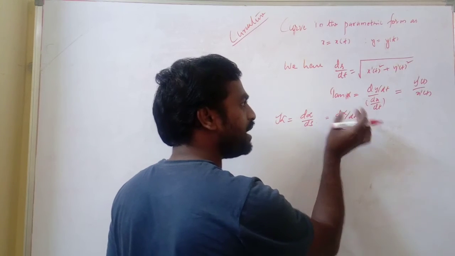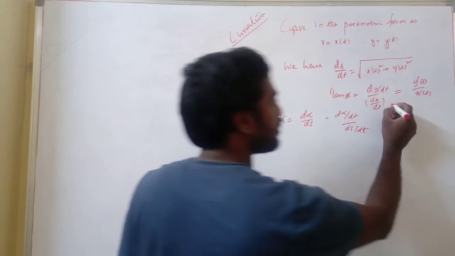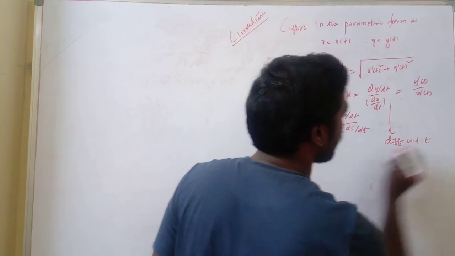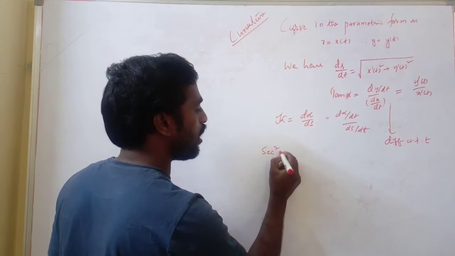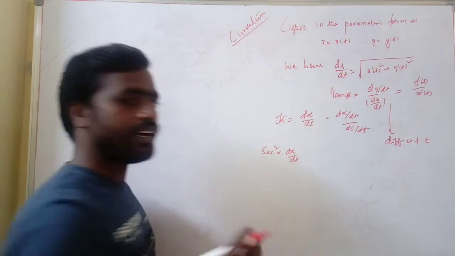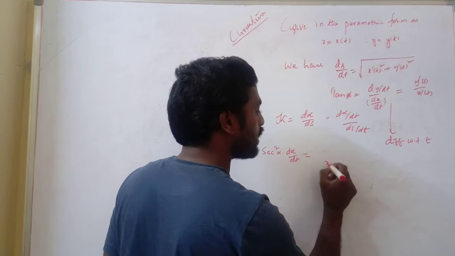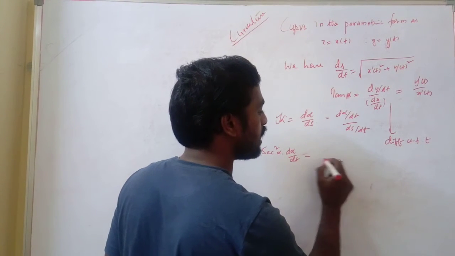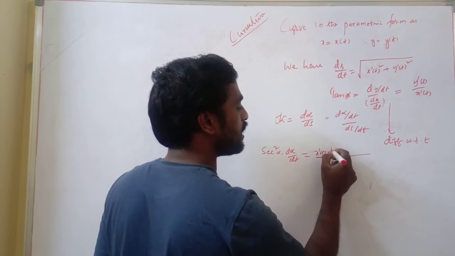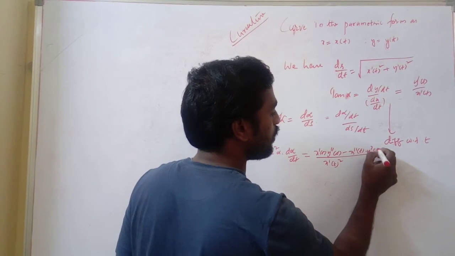You should determine d alpha by dt by using the second one, tan alpha. Differentiate this with respect to t: secant square alpha into d alpha by dt is equal to, by the u by v formula, x dash of t into y second derivative of t minus x second derivative of t into y derivative of t, all over x dash squared.